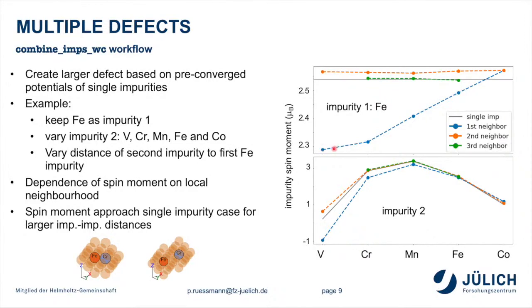But for nearest neighbors, you actually see a strong influence on the magnetic properties of this iron atom. And the same thing you can investigate in the second impurity, where you can also nicely see the evolution of the spin moment with the increasing filling in this transition metal series.